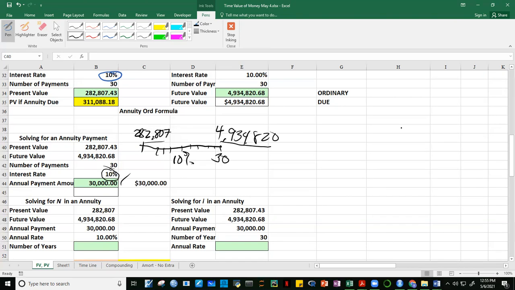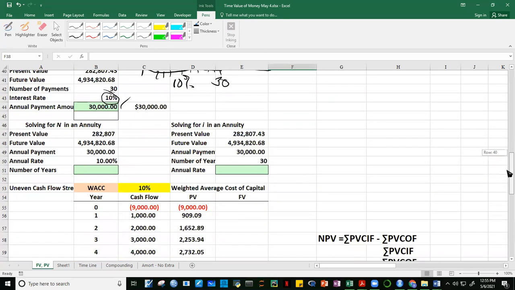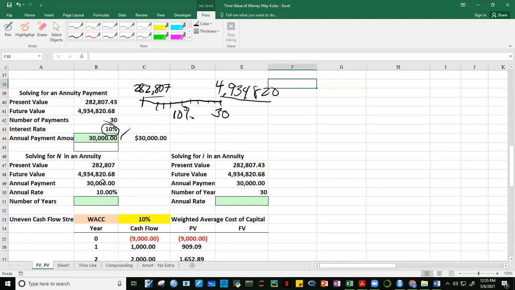Okay, now let's go here. Okay, so pinapasolve sa atin yung N. N is the number of years. Okay, so how do we interpret this? We're given that you have an annual payment of 30,000.